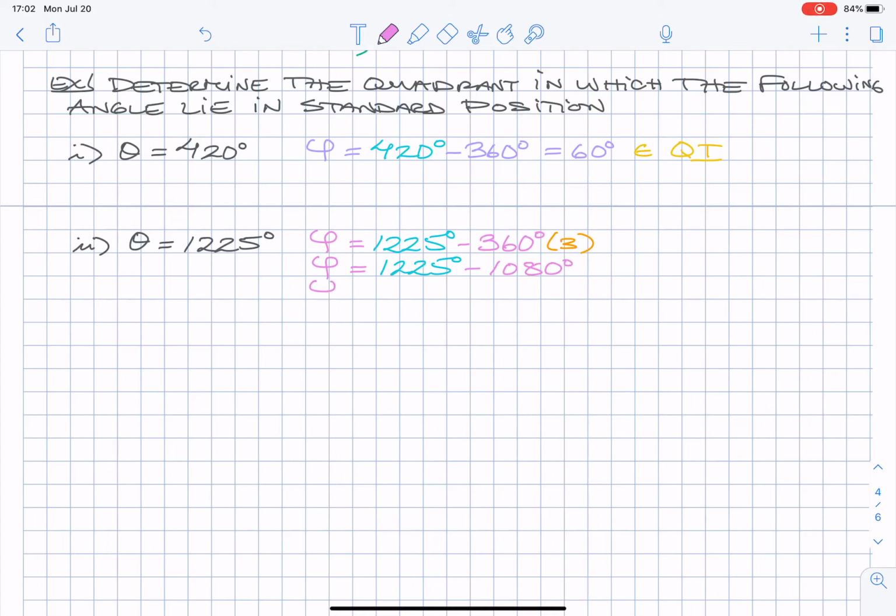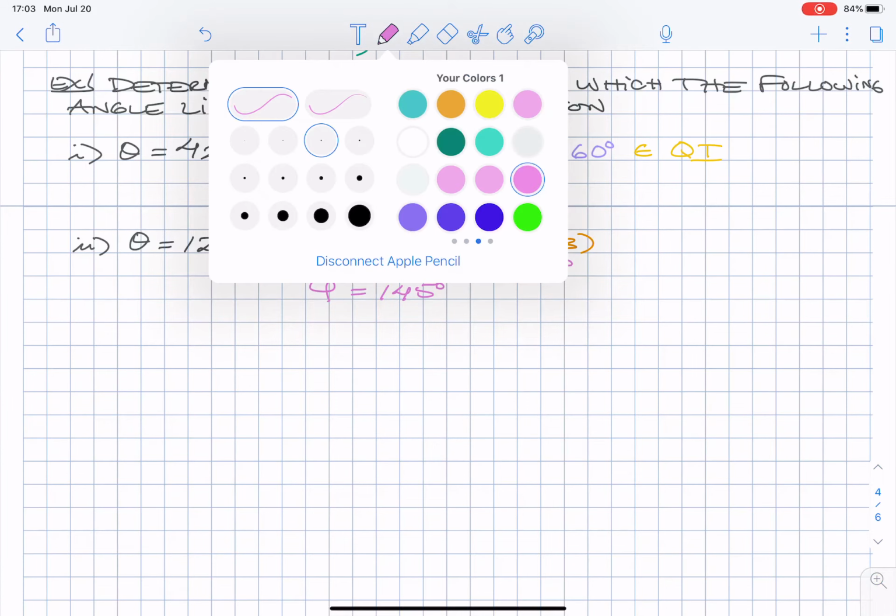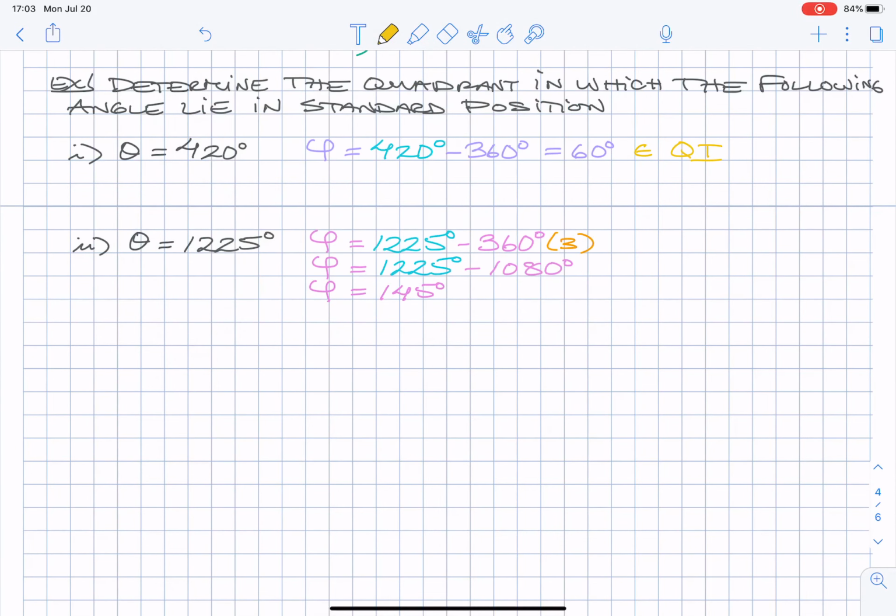So I get that phi is going to be, well, let's see, if I subtract 80 from 225, that's 145, right? 145 degrees. Okay, well, that's between 90 and 180. So I claim that that's going to be in quadrant 2.